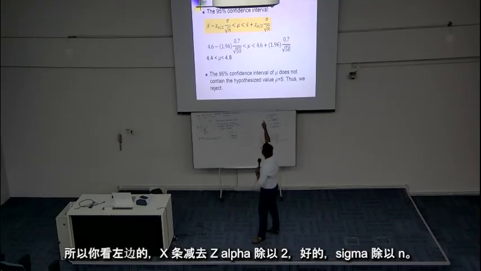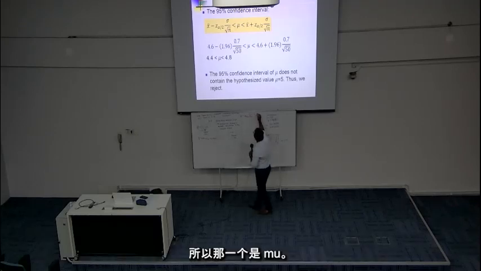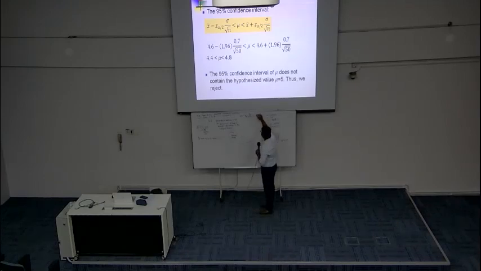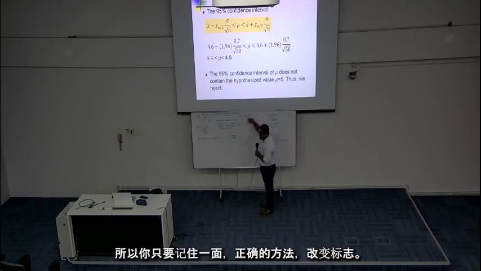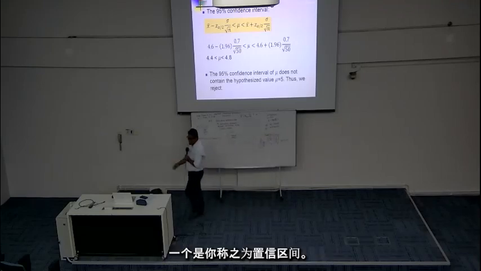You see the left one, x bar minus z alpha over 2 sigma over root n. You just remember one side only, the rest you change the sign. This one is minus, on the right you will plus. We call it a confidence interval.